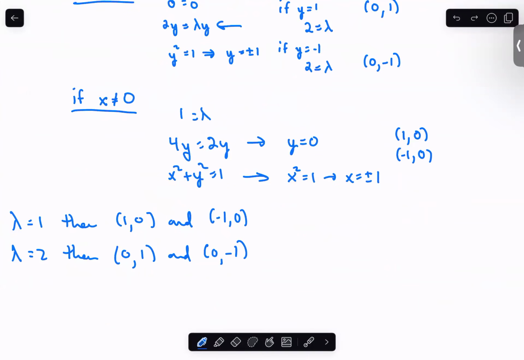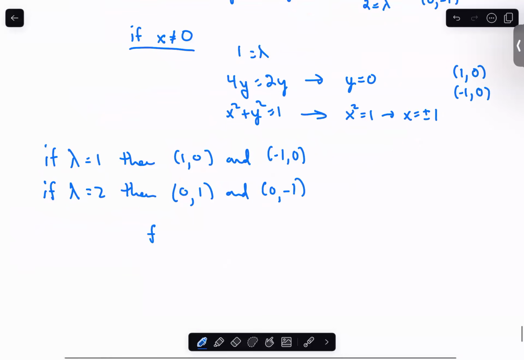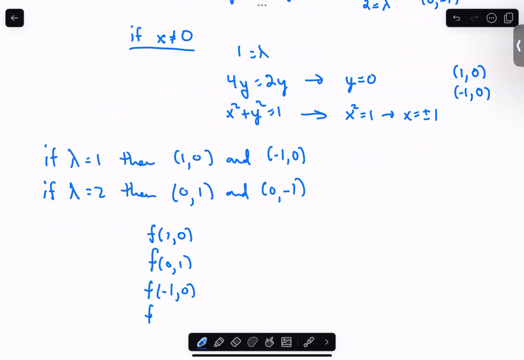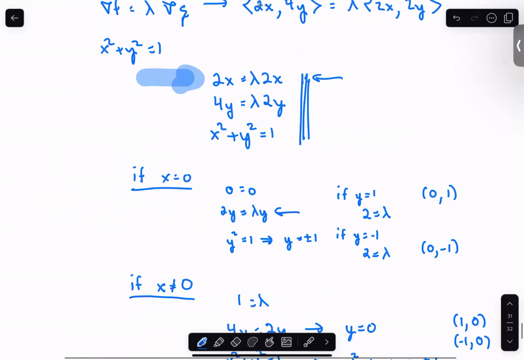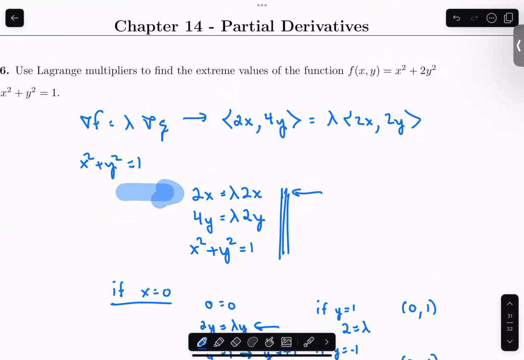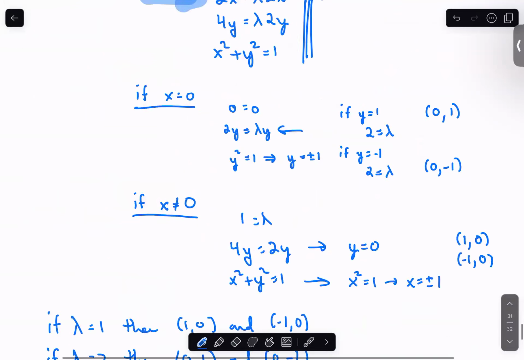All right, so now we need to find minimums and maximums here. So if I go ahead and plug in all of these values, f of (1, 0), f of (-1, 0), f of (0, 1), and f of (0, -1). Our function is x squared plus 2y squared.